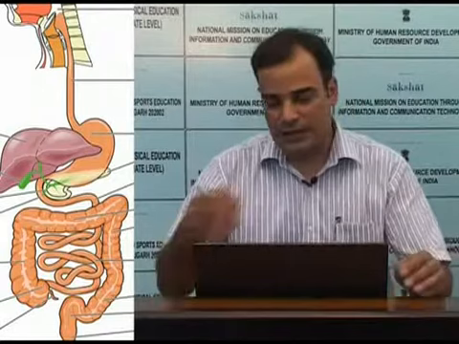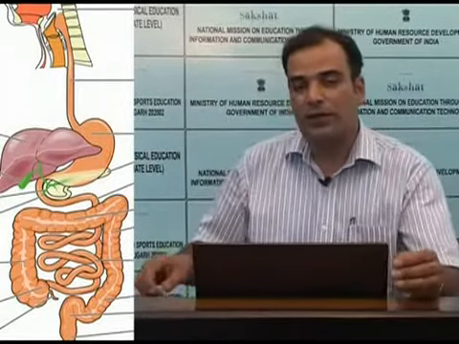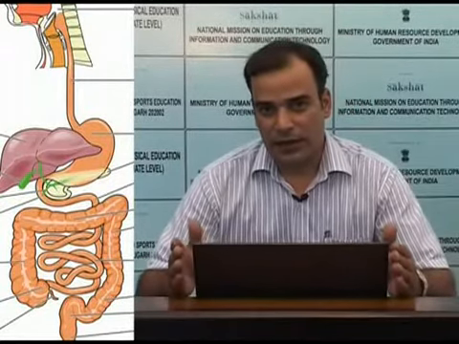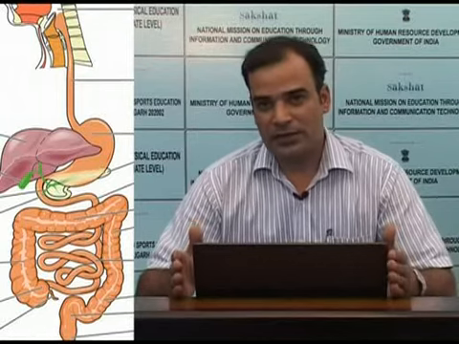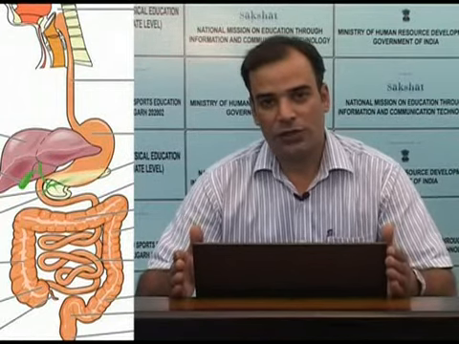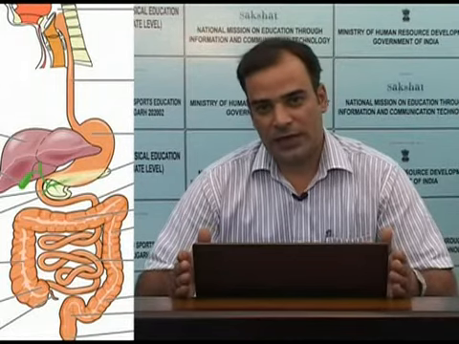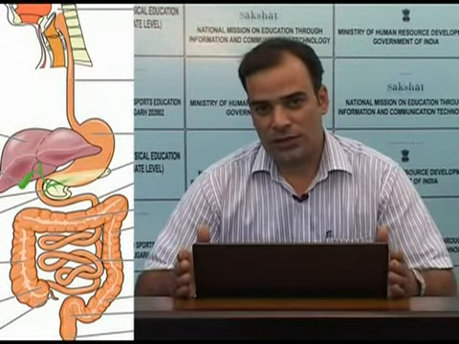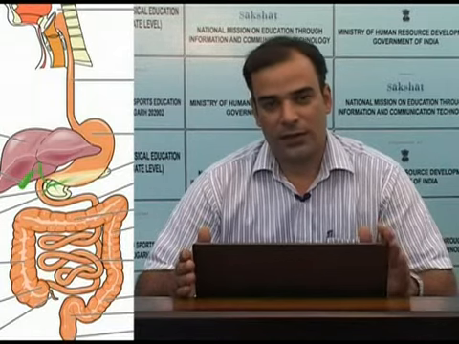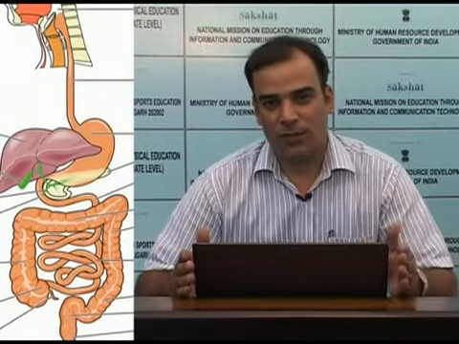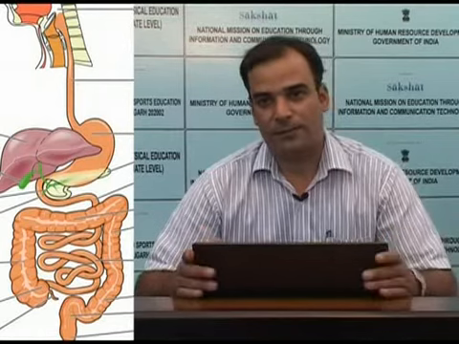Once the food inside the digestive tract is digested, the next step is that this digested food should reach our cells. It cannot reach our cells unless it crosses the mucosal wall of the gastrointestinal tract.